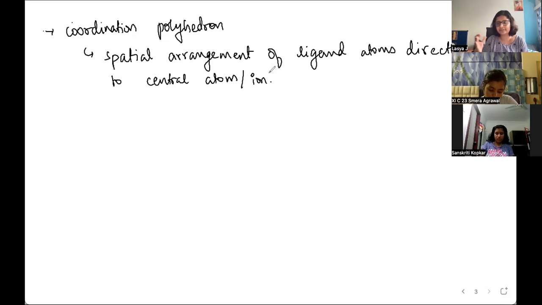So this is the tetrahedron, octahedron that we talked about. This references the actual 3D structure of the coordination entity.